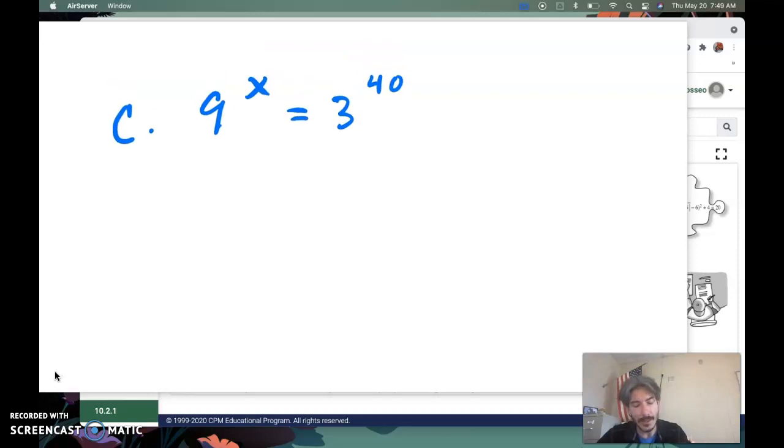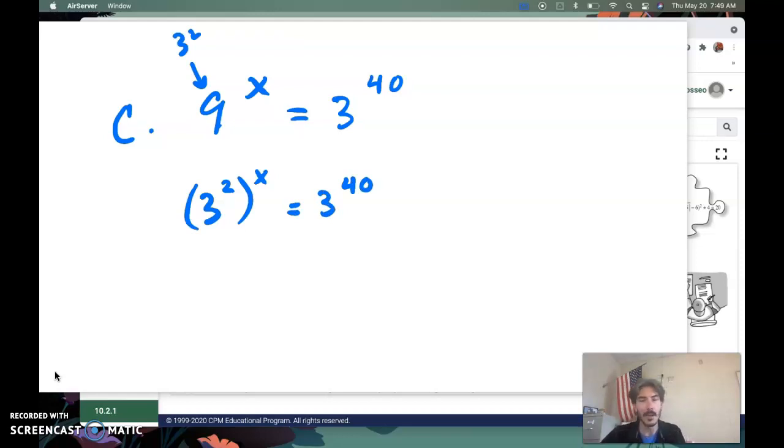I recognize that 9 is the exact same thing as 3 squared. Right? 3 squared is 9. 3 times 3 is 9. So what that tells me is I can rewrite this as 3 squared to the x equals 3 to the 40th. And now, using properties of exponents, 3 squared to the x is 3 to the 2x power, and that's equal to 3 to the 40th.